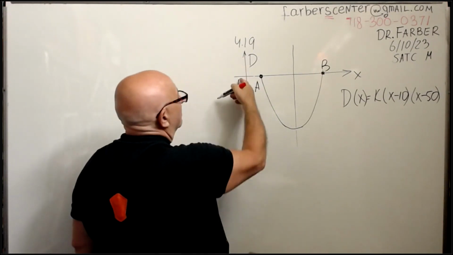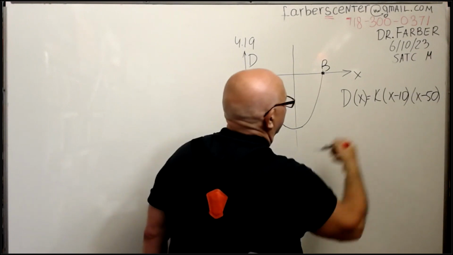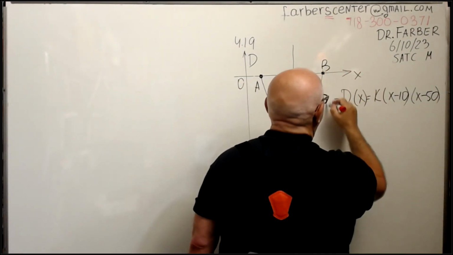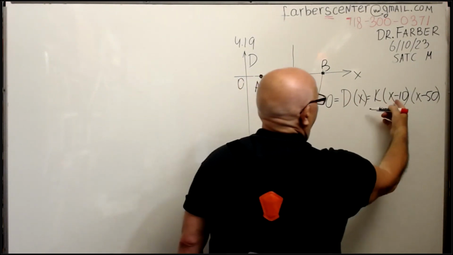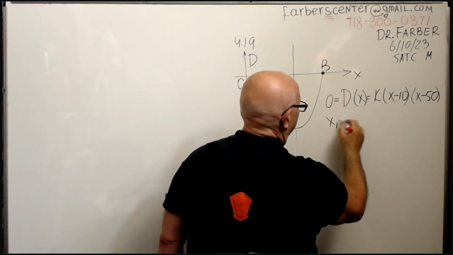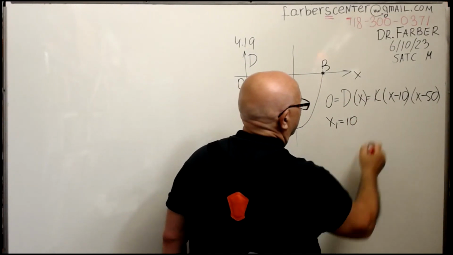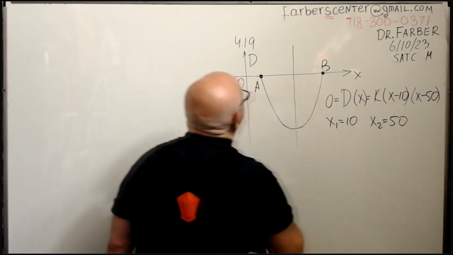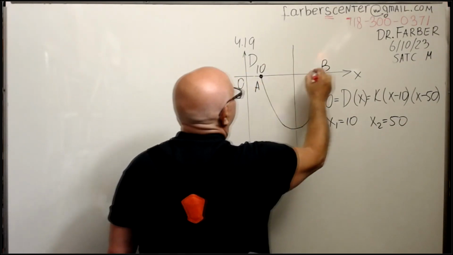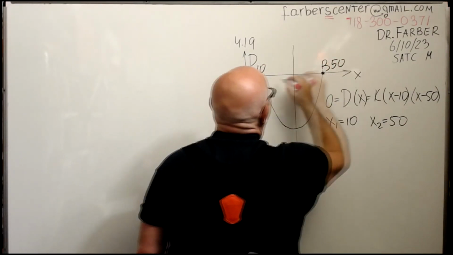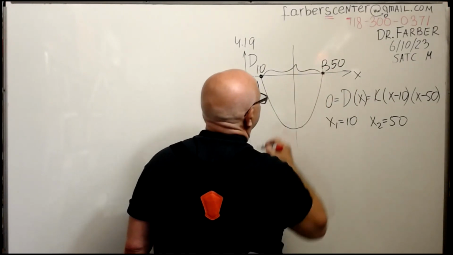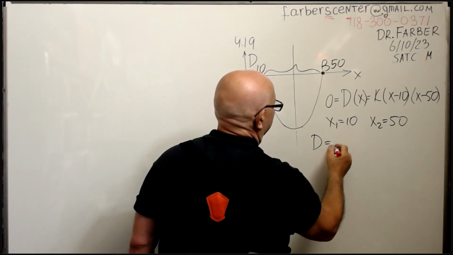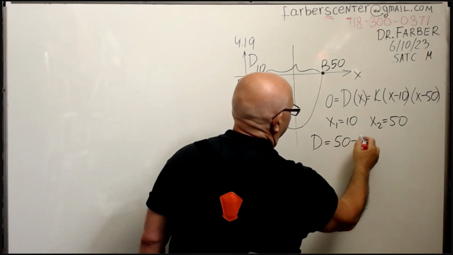When y equals 0, when this equals 0, x1 equals 10 and x2 equals 50. So this is 10, this is 50. How to find the distance between 2 points? Distance equals 50 minus 10, which is 40.